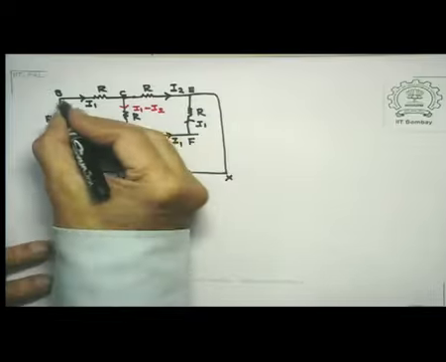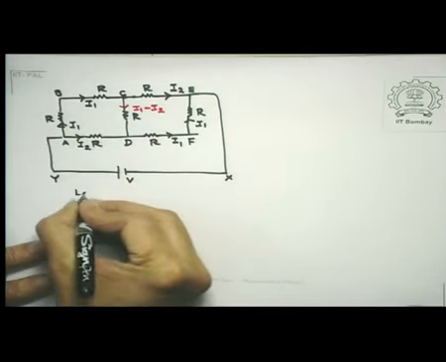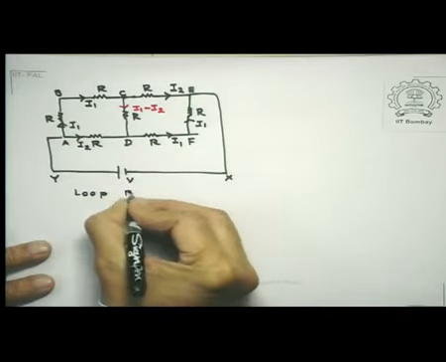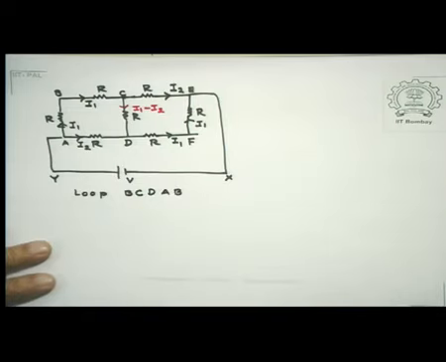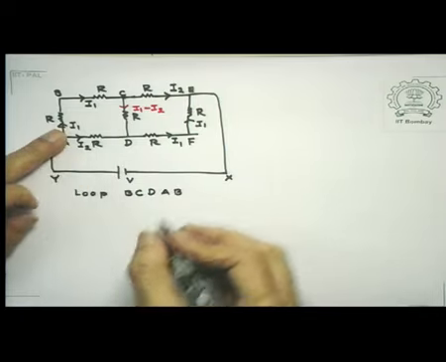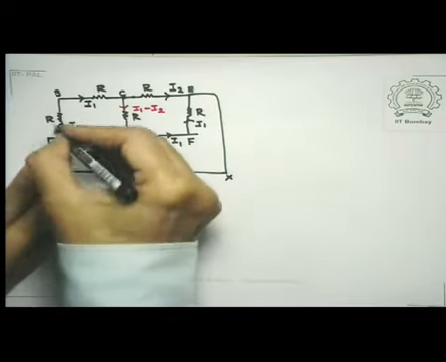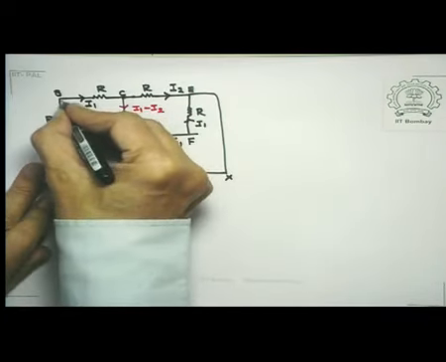First, let us look at this loop BCDAB. So if I do the loop rule here, I get minus I1R minus I1R.